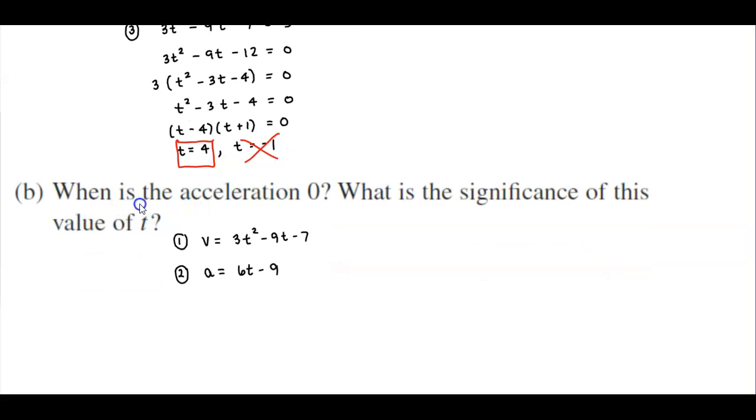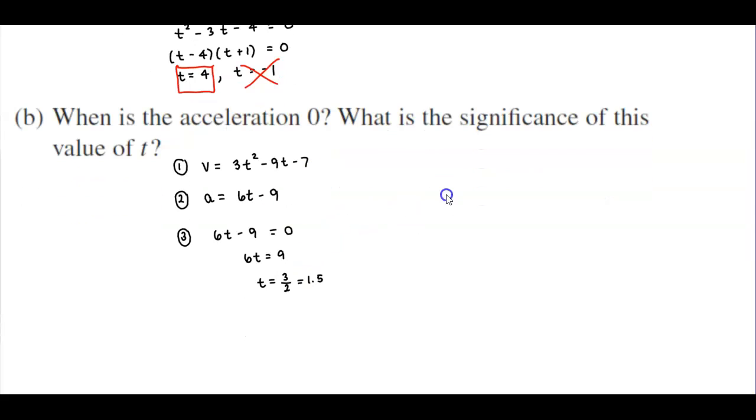So we want to find out when the acceleration is 0. That means we let the acceleration function, 6t minus 9, equal 0. So we get 6t equals 9, and therefore t equals 3 over 2, which is equal to 1.5.